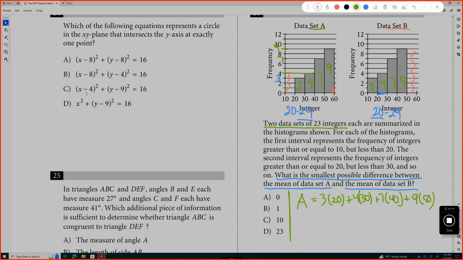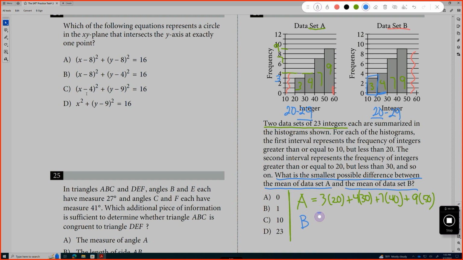All right. And then for data set B, we're going to use the highest possible value so that the difference is the smallest between the two sets. From this bar, we're going to use 19, which is the highest that can fit in this bar.